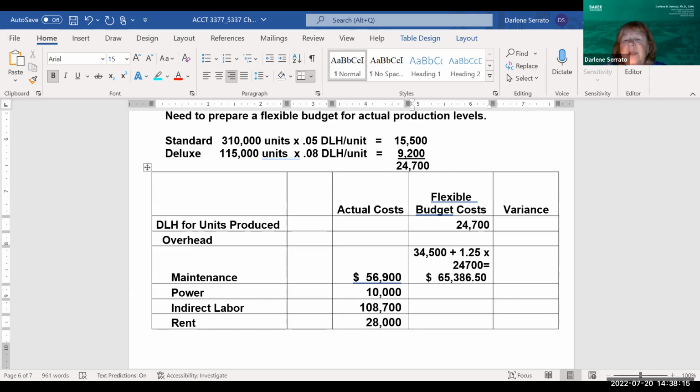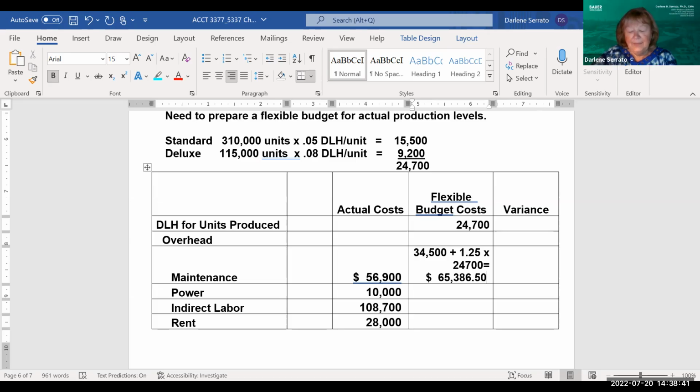Did y'all get that? So it would be kind of parentheses, the 1.25 times the 24,700, right?